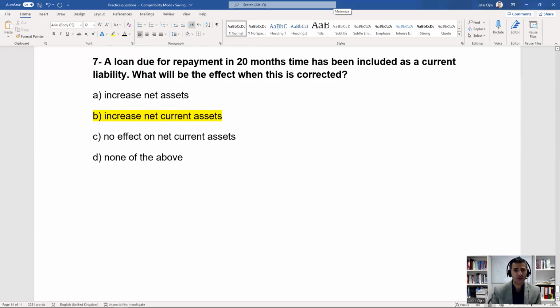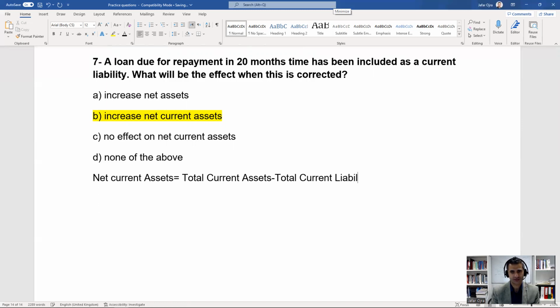First of all, what are the net current assets? Net current assets equal total current assets minus total current liabilities.